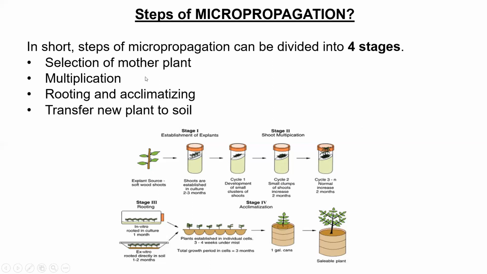And then multiplication means when you culture this in a test tube or in a Petri plate, either in suspended culture or in a semi-solid agar medium, the cells will divide and divide and divide, and they will make an arrangement of loosely arranged cells. It would look like a number of cells that are loosely arranged into each other.